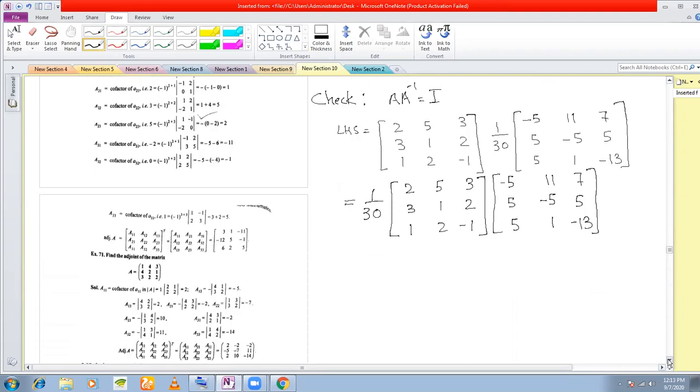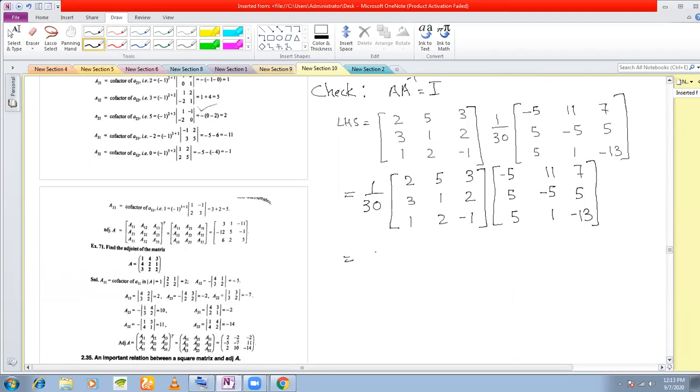Since this sum had already been worked out, you can check it on your own later on: you will get 30, 0, 0; 0, 30, 0; 0, 0, 30. I leave the multiplication of these two matrices to you as an exercise.